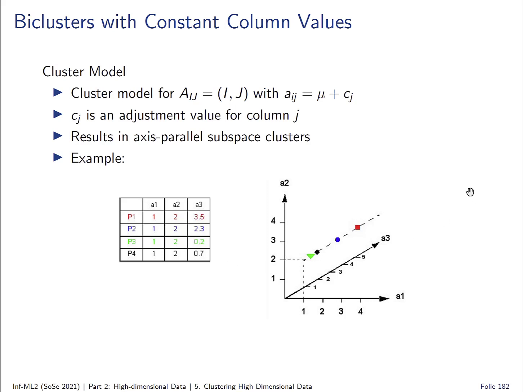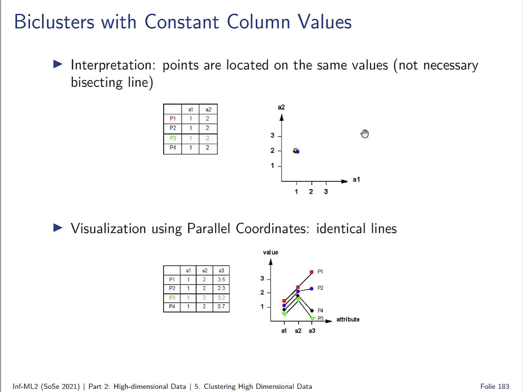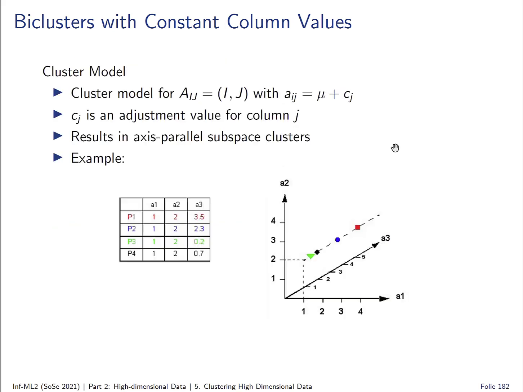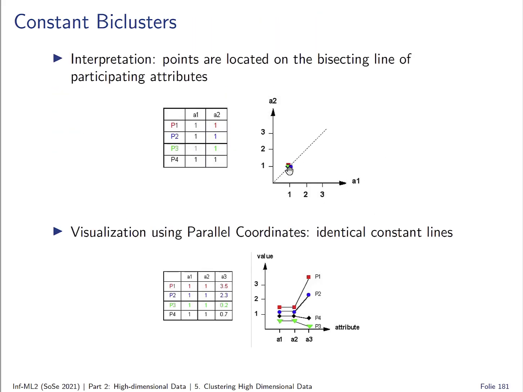So let's interpret the whole thing again. The spatial interpretation is that the points are located on the same values, but not necessarily on the bisecting line as we had it in these constant biclusters. It was clear that since all the values need to be the same, it needed to be 1 1, 2 2, or 3 3, or whatever for A2, the same value as for A1. So in all participating columns and rows, we had the same value.